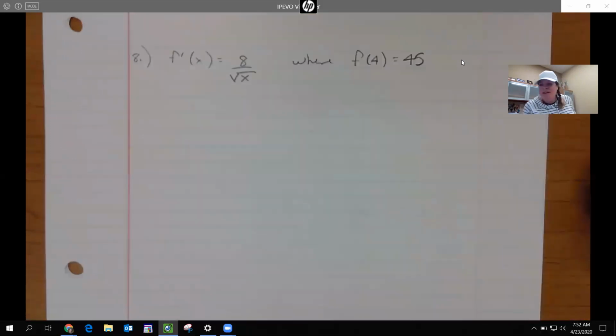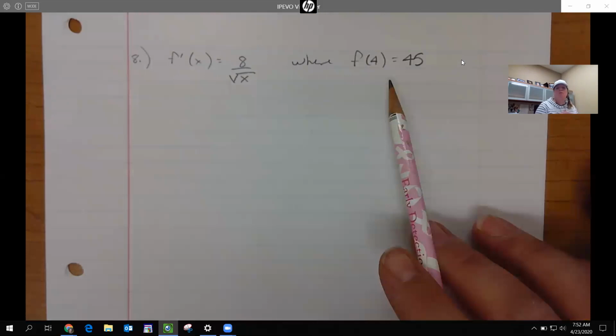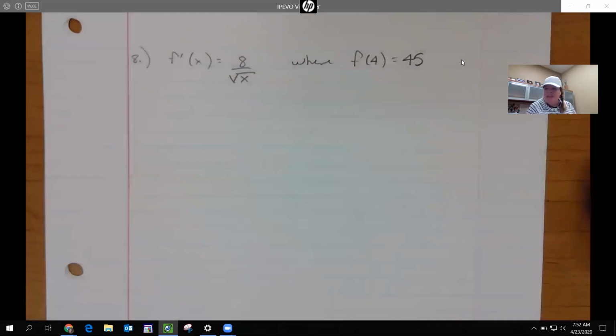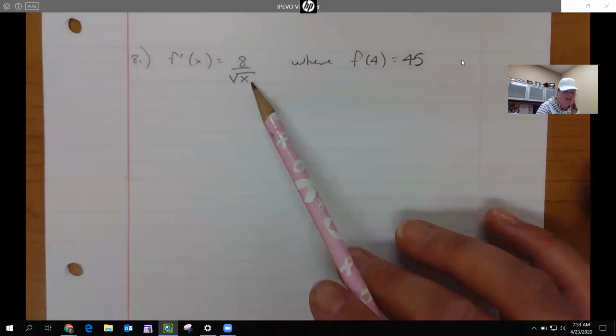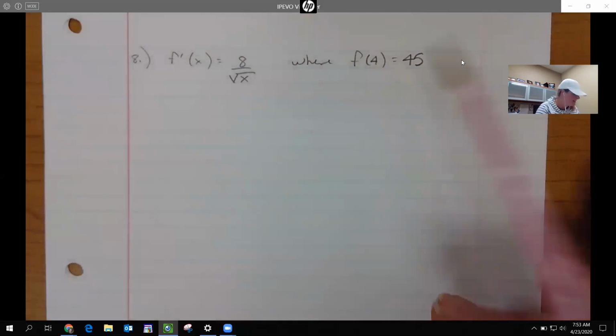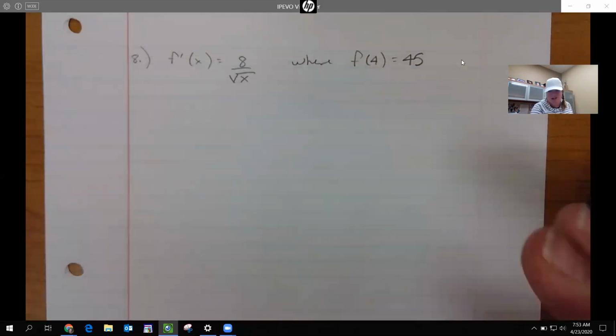I've given you the derivative, and I said the original at 4 equals 45. That will help me with finding the C. We don't know what C is on a lot of them unless we're given a point. Then we can calculate the C. So first thing I have to do is find the function so I can use it to get that C. The directions will then probably say, what was the original function.